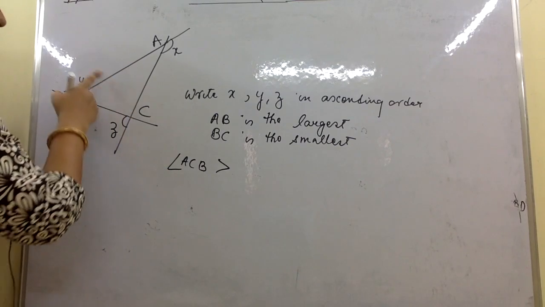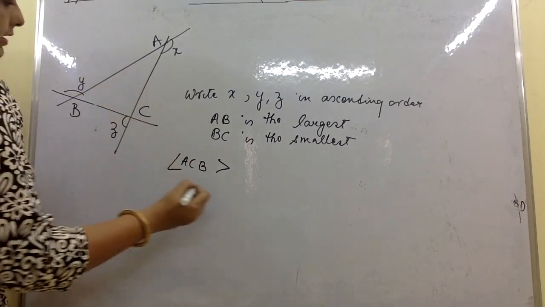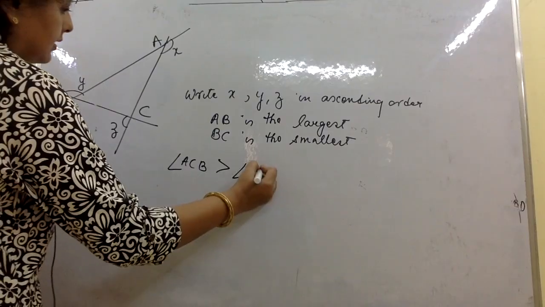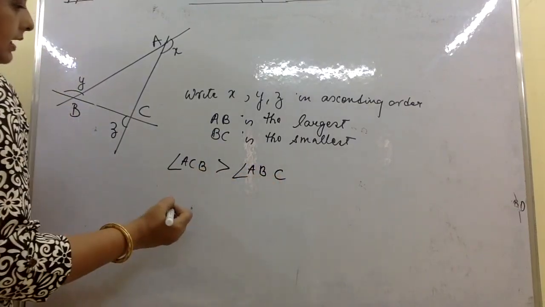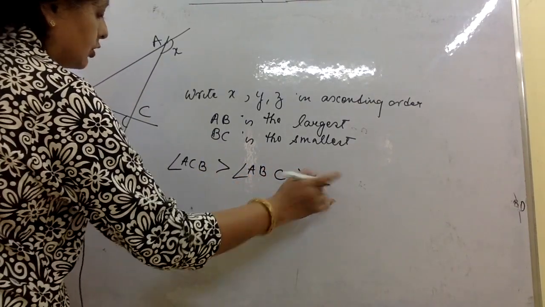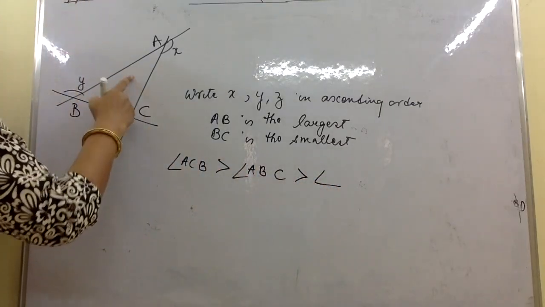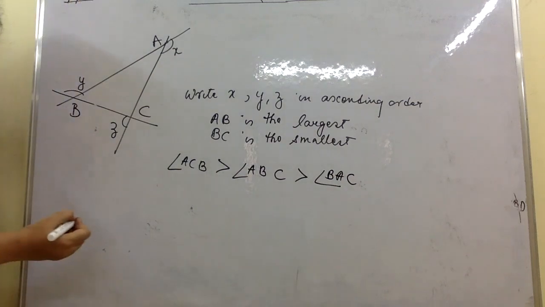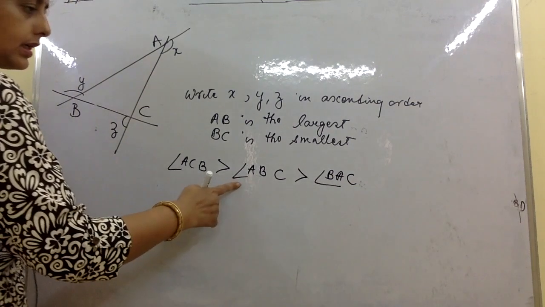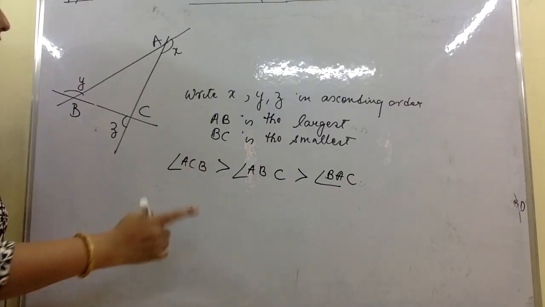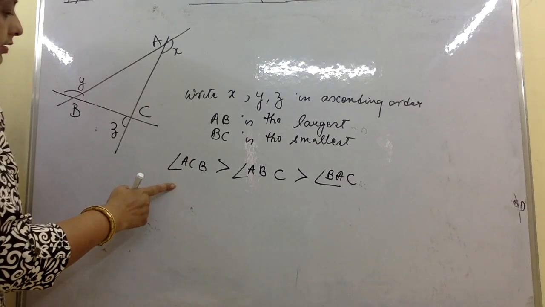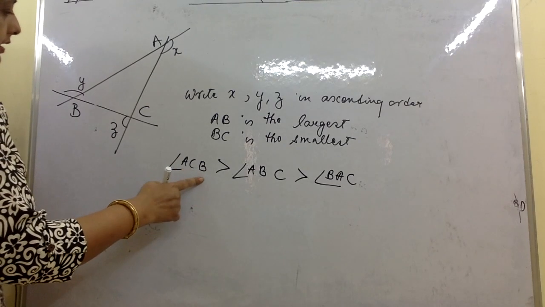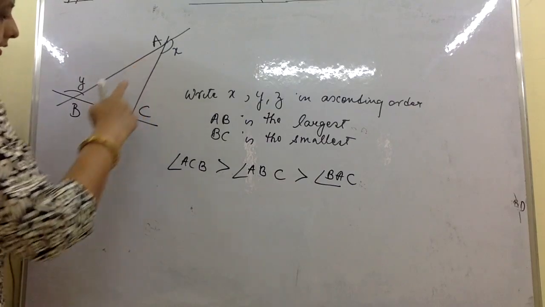Then angle ABC is in the middle, and the smallest one of course is opposite BC, which is angle BAC. So ACB, ABC, BAC. This is the smallest.